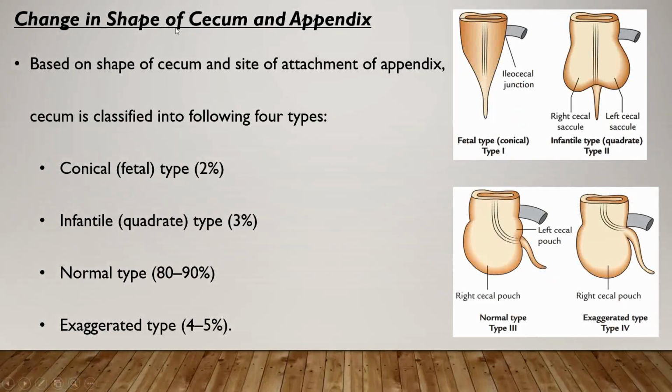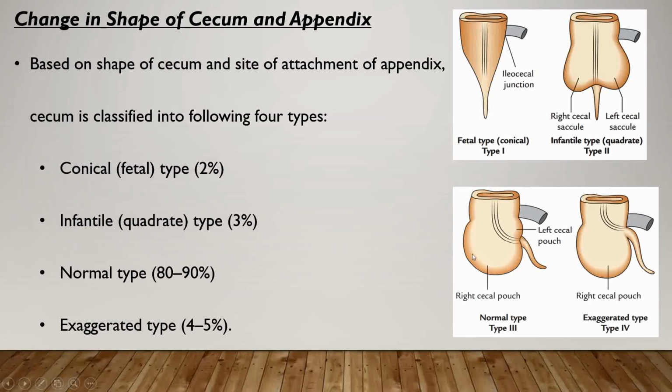Based on the shape of the cecum and the position of the attachment of the appendix, the cecum can be conical, which is also known as fetal type or type 1. Then there is the infantile type, where the right and left saccules of the cecum are equal in size, also known as quadrate type because of its quadrangular shape.